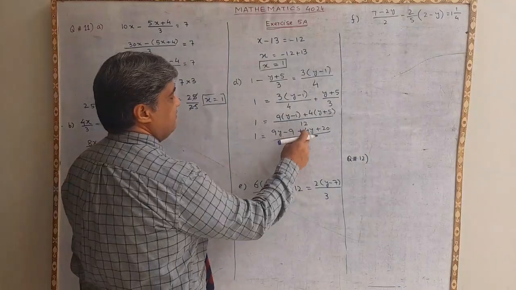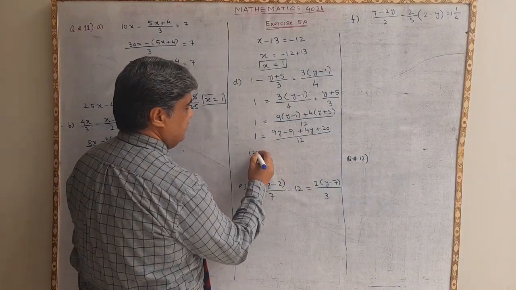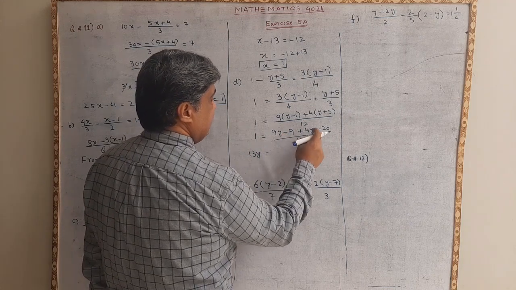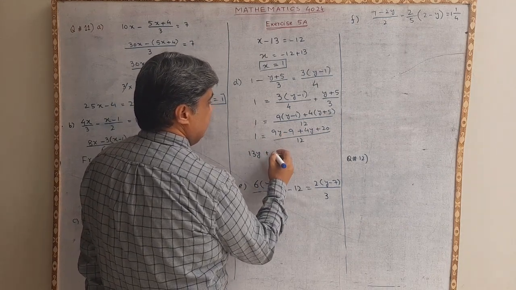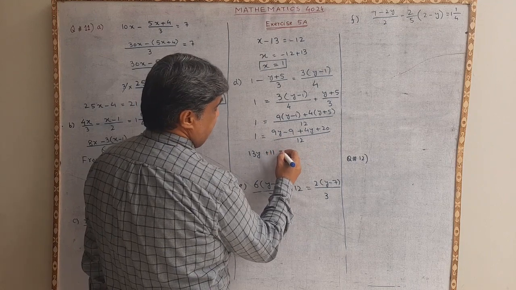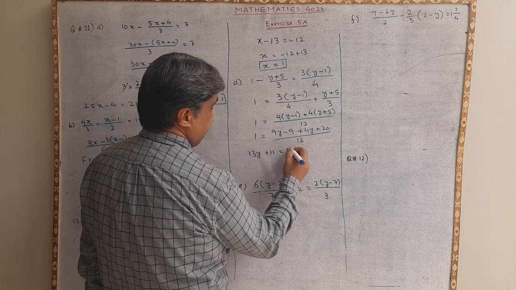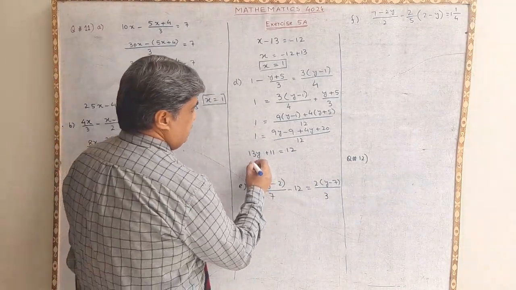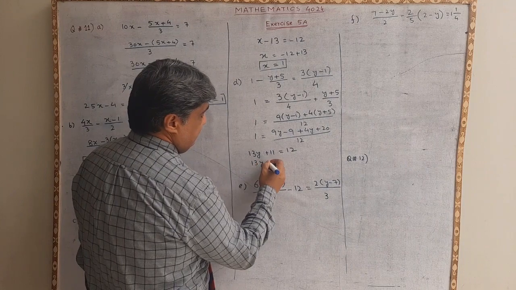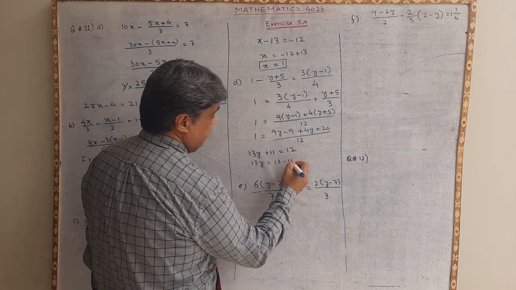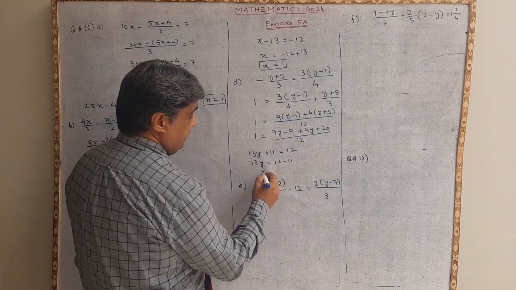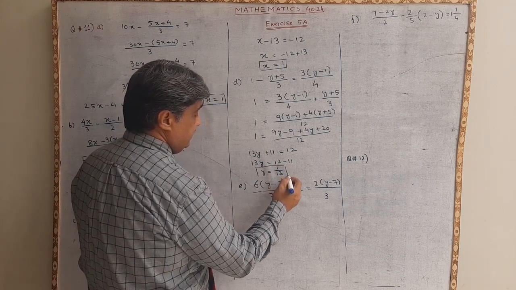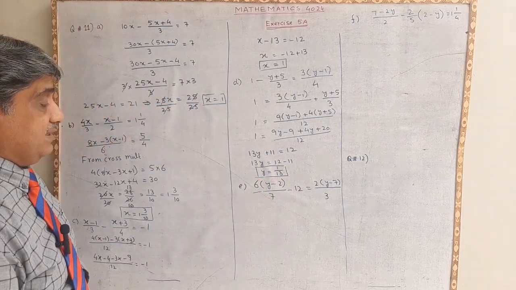So 9y plus 4y will be 13y, minus 9, and so this will be 11 plus 11, and when this 12 is multiplied with this one, it will give you 12. So 13y is equal to 12 minus 11. So y is equal to 1 over 13 will be the ultimate answer.